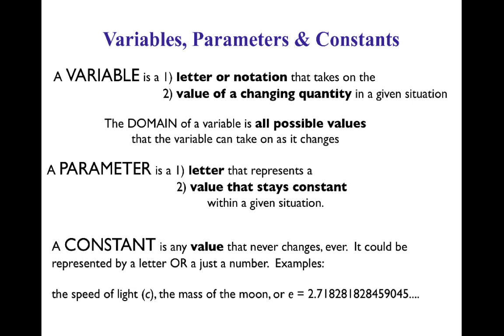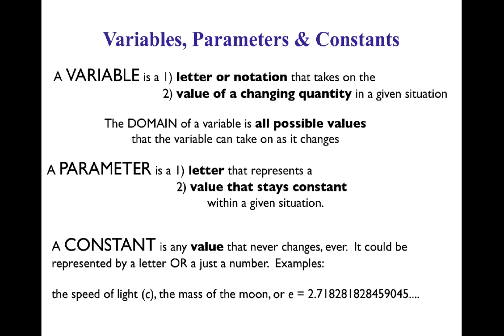So for given situations, the mass of the moon is staying constant. Don't get too crazy imagining situations where you could change something. I'm trying to distinguish between parameters and constants. Okay, questions on these definitions?